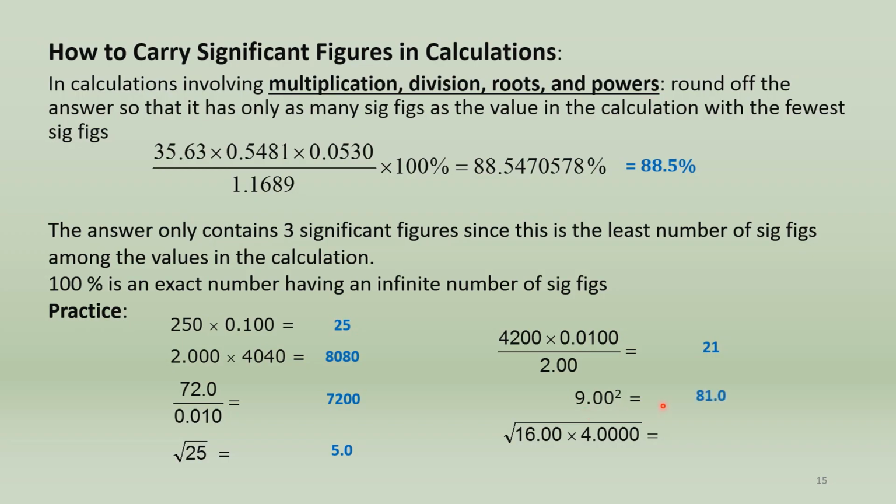When we square it, we'll get 81.0, which has 3 sig figs. And finally, the square root of 16.00 times 4.0000, we have 4 sig figs as a minimum. So 4 times 16 is 64. The square root of that is 8. And so we'll have 8.000, which has 4 sig figs.